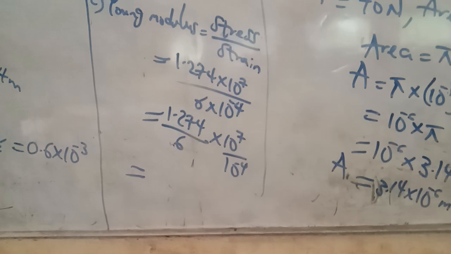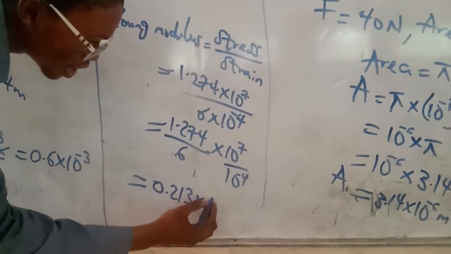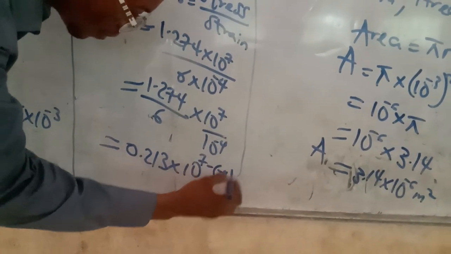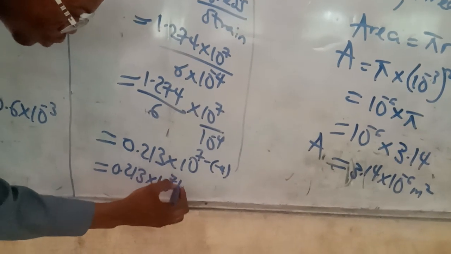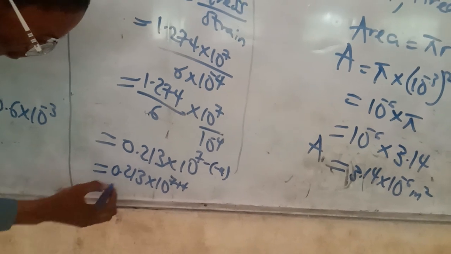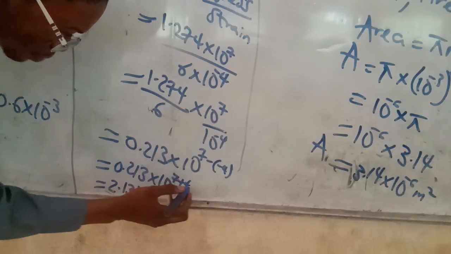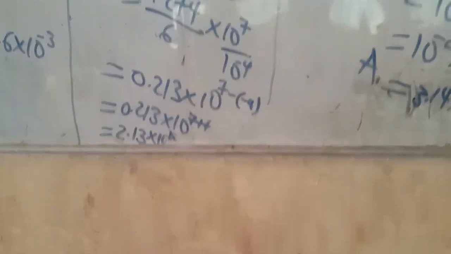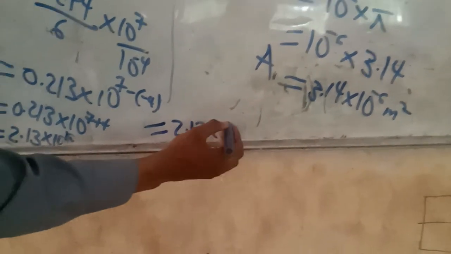Then 1.274 divided by 6 is 0.213 times 10 raised to power 7. Now, law of indices, if you're having minus, it becomes plus, so 7 plus 4. Then you have 2.13 times 10 raised to power 10. Let me write it very well here. That is 2.13 times 10 raised to power 10.